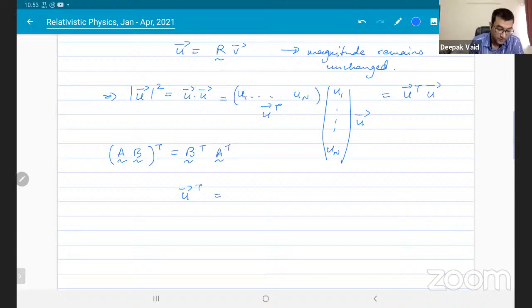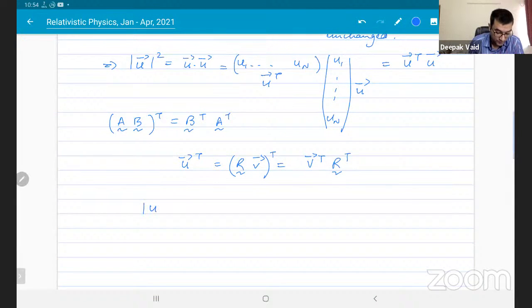So if we take the transpose of R and V, these are both matrices, right? One is a column matrix and the other is a matrix with both columns and rows. So this becomes V transpose R transpose, like this, right?